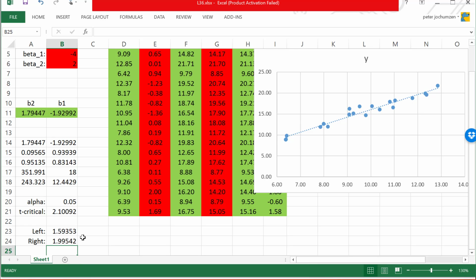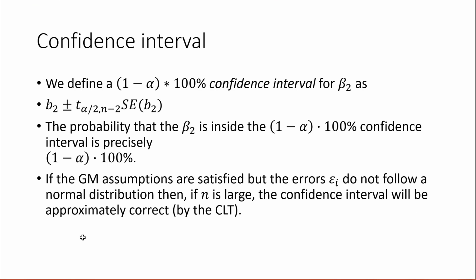So there are a couple of things that you should notice with this confidence interval. First of all, the width. The interval is always centered at B2. It's centered at the OLS estimate. The term after the plus minus sign will determine the width of the interval. So you can see, for example, that a high standard error will correspond to a wide confidence interval.